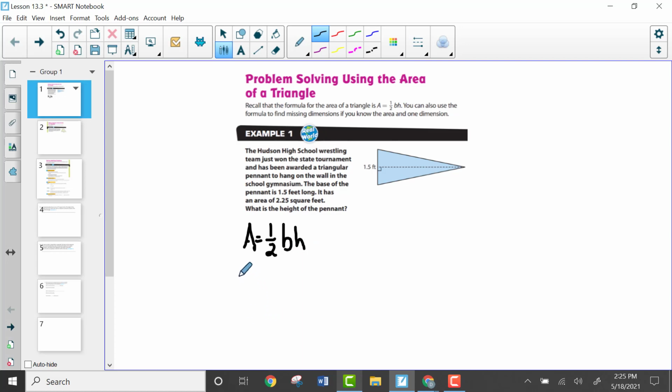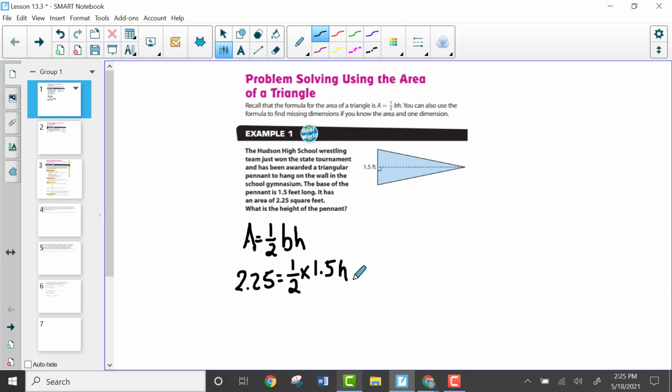So we see the area is 2.25 square feet. That means 2.25 is going to equal 1/2 times the base, we know that, times 1.5 times the height.